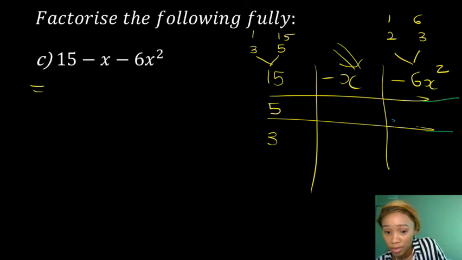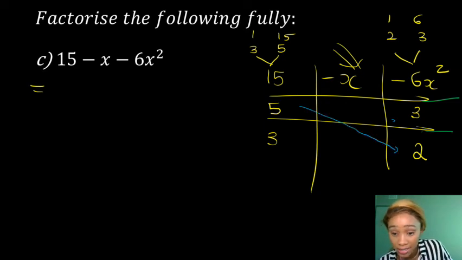So when you swap them, you're going to say, okay, let's try and have the 2 at the bottom, and then at the top, I will have a 3. Now I see that when I multiply, this times that gives me 10, and this times this gives me 9. So let's put x here because 2x and 3x should give me that 6x squared. But now the signs, I'm going to choose to put a negative here.